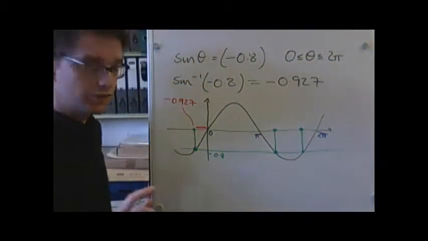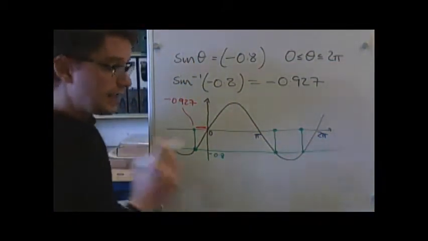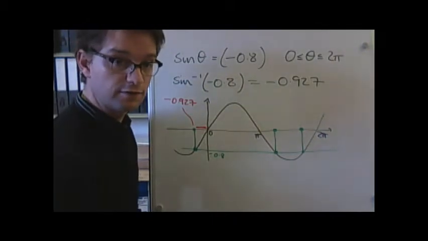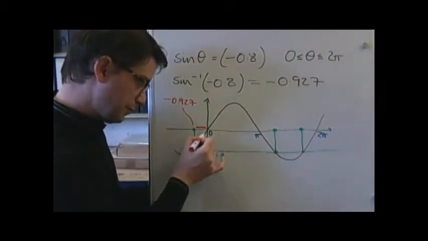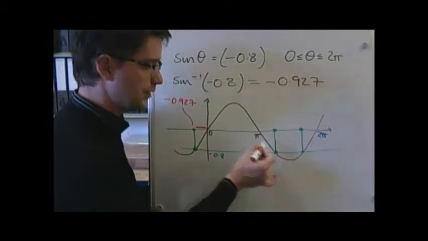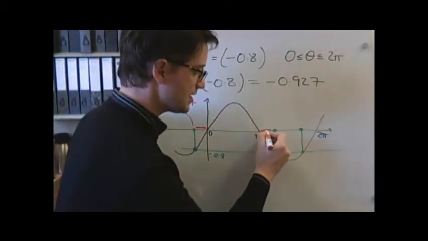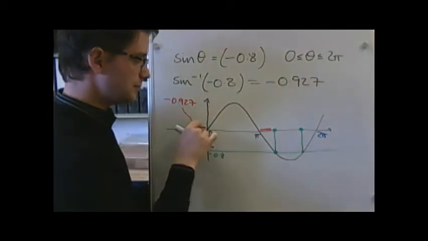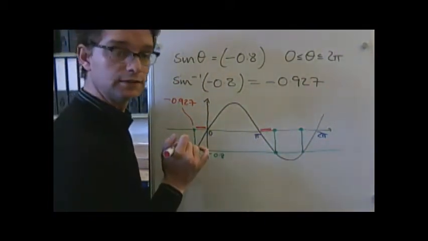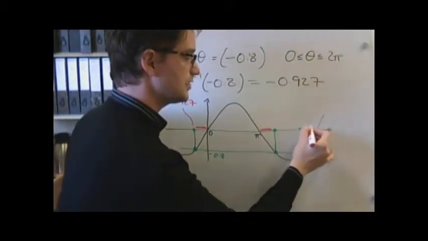I'm going to use the symmetry of the curve. This bit of curve is the same as this bit, it's just flipped over. So this distance here is the same as this distance here, and it's the same as this distance here.